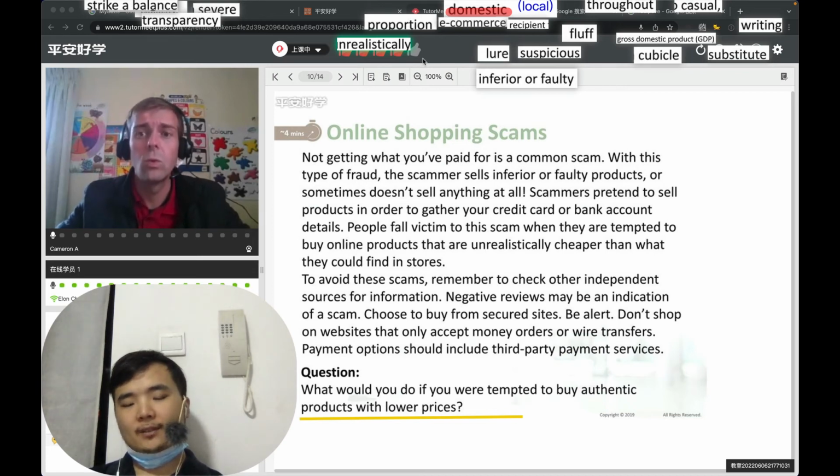But above all, I think we have to make sure that the website is secure, and also websites had better be something we are familiar with.